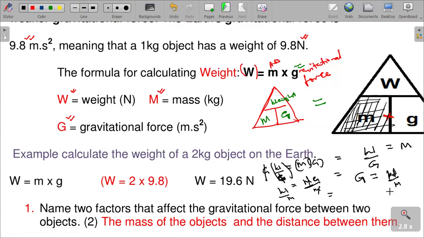So class, understand that if you are given one formula, it is possible to calculate all the variables appearing in the formula by making the one you want the subject of the formula. That's what we are doing.